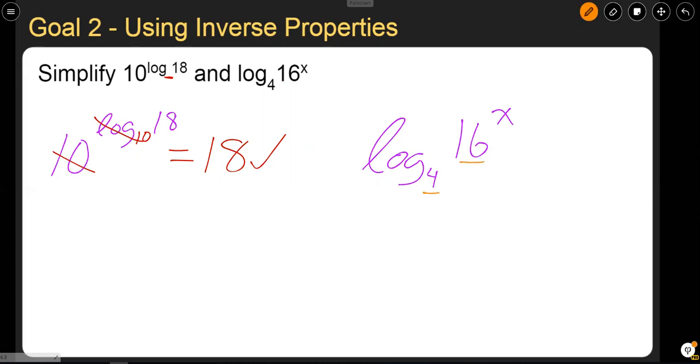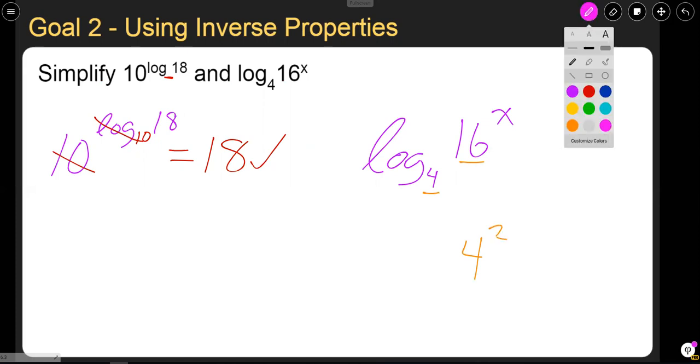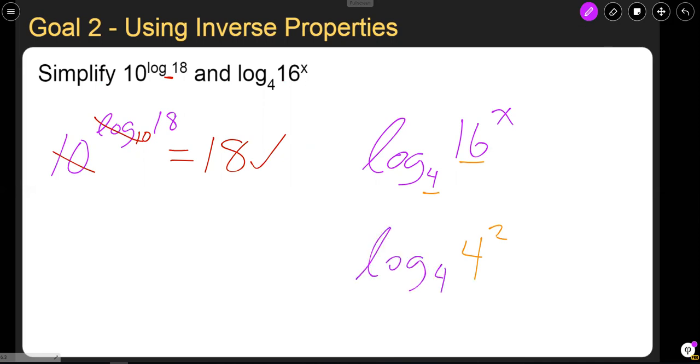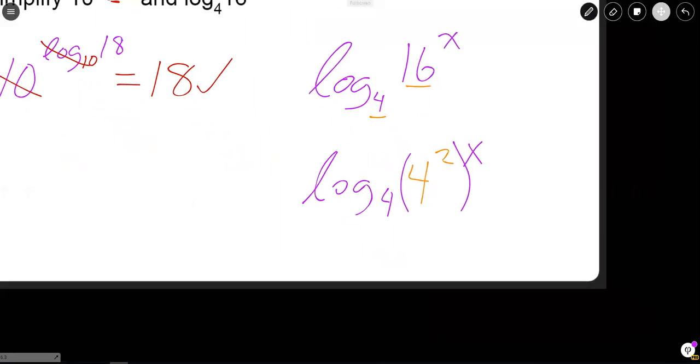But can I rewrite 16 as a power of 4? Well, yes, I can, right? 16 is just 4 to the second power. So if I rewrite that 16, now I've got log base 4 of 4 to the second power to the x power. I can do some manipulation with those exponents.